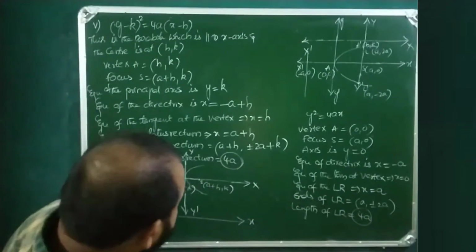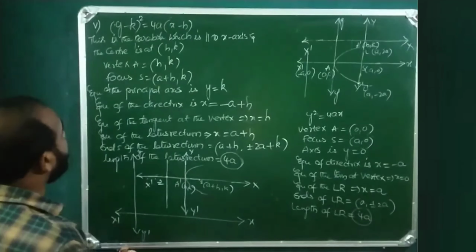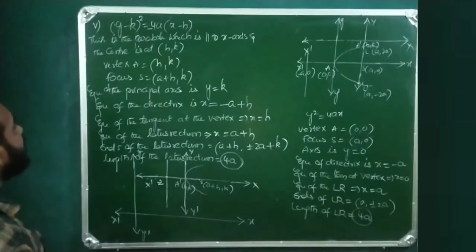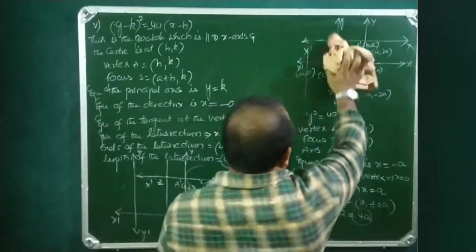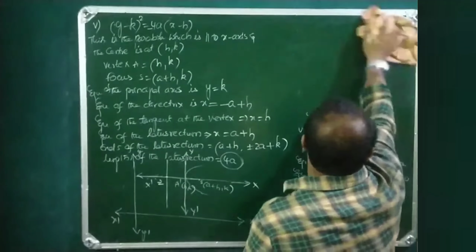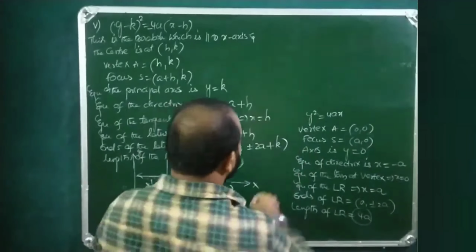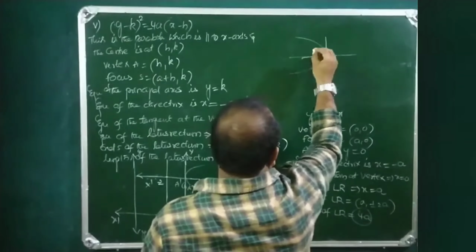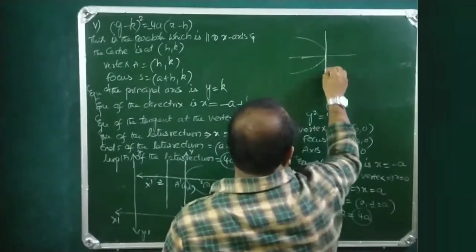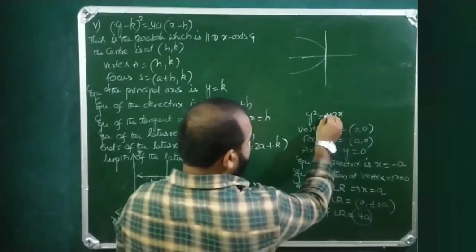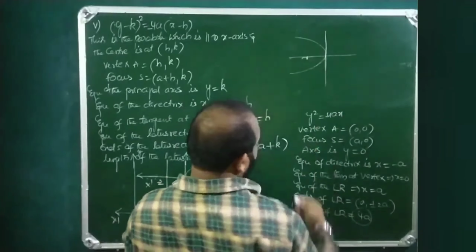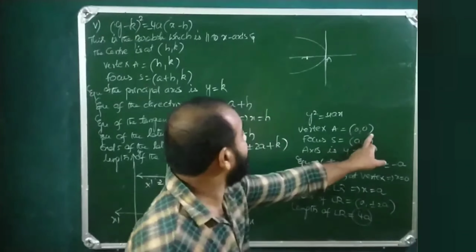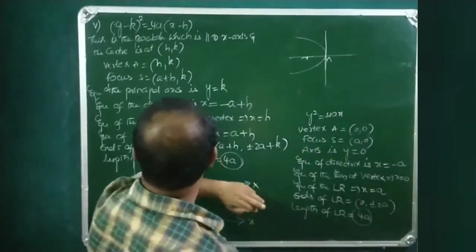Now, the next concept is y minus k whole square equals to minus 4a into x minus h. So for the parabola y square equals to minus 4ax, the vertex is how much? The vertex is 0 0.